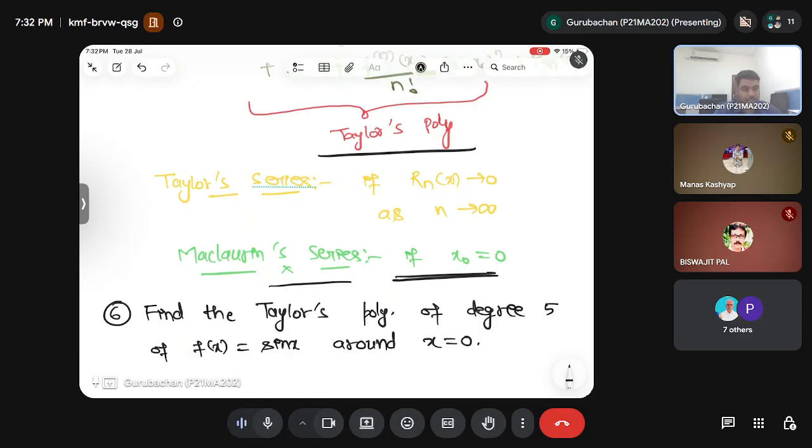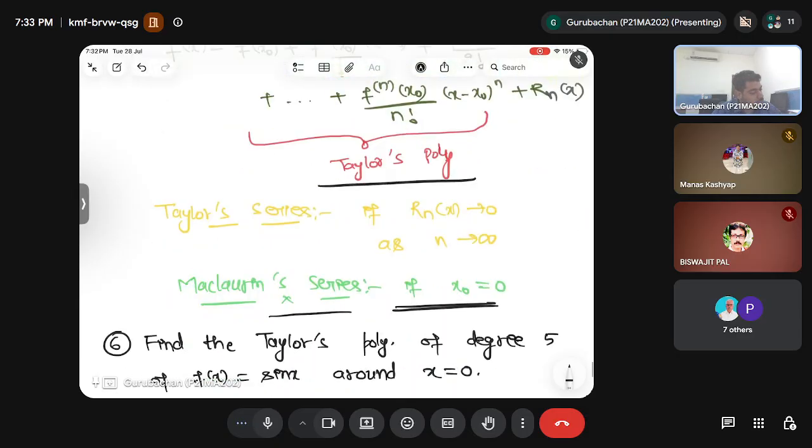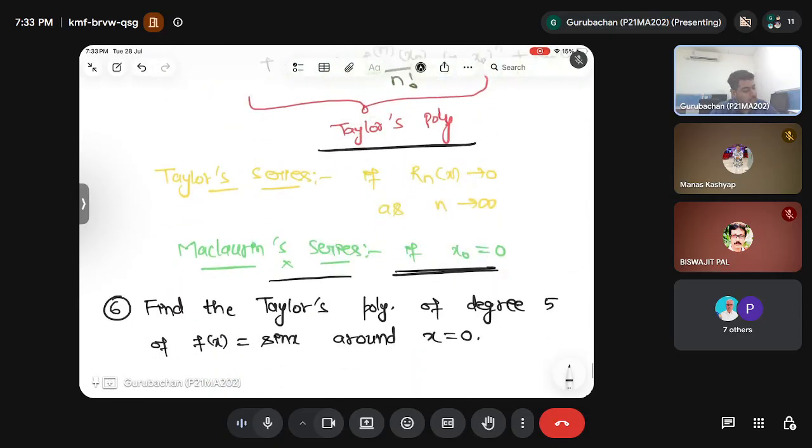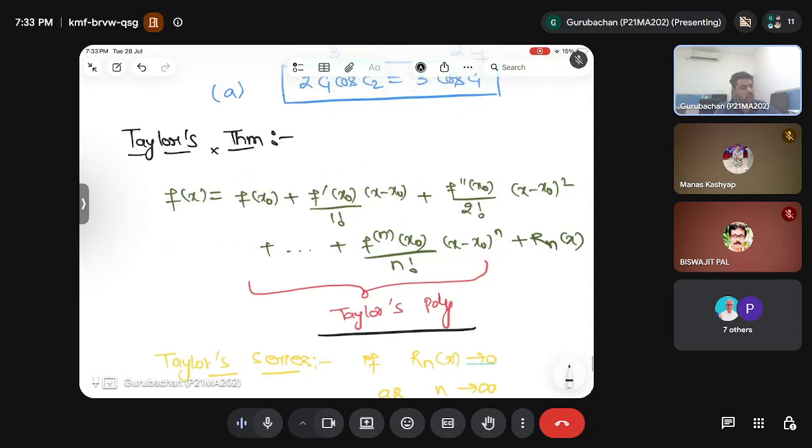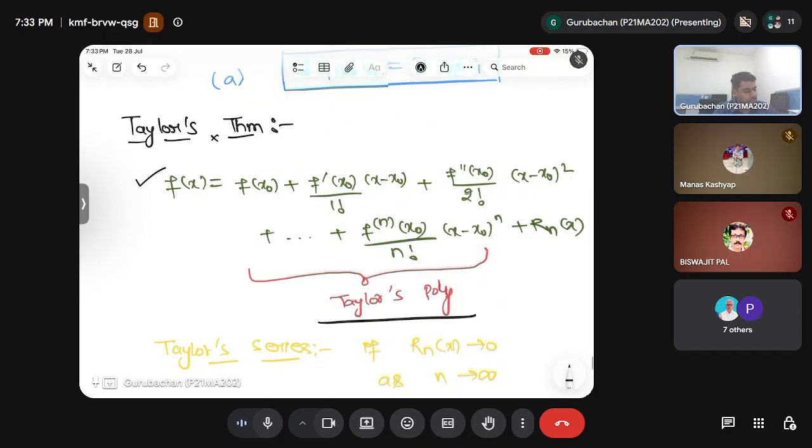So this is direct. Here you can also say, find the Maclaurin polynomial of degree 5 for this function. That means you need to find the polynomial for x naught equal to 0. This is a direct formula-based question. Kindly find it out quickly.